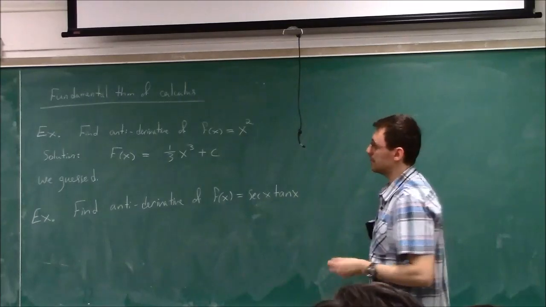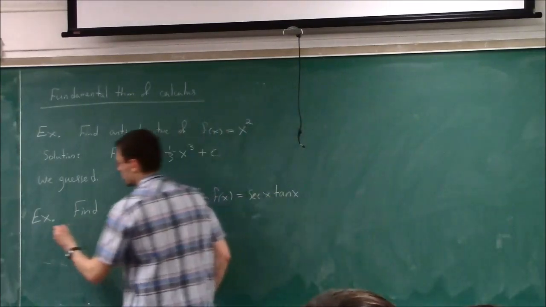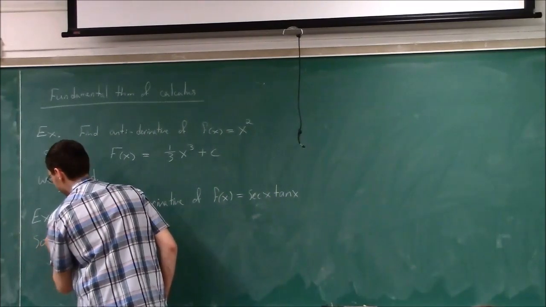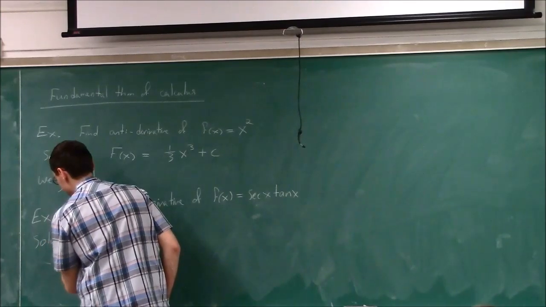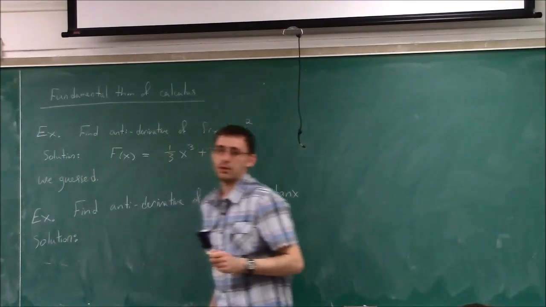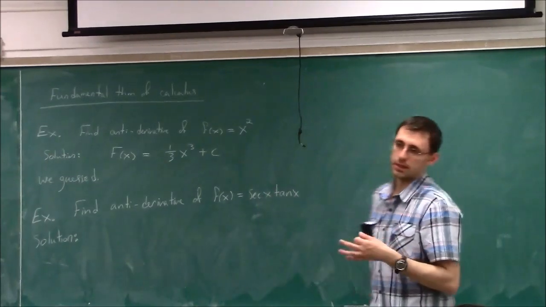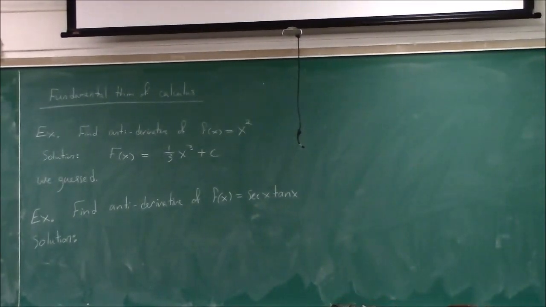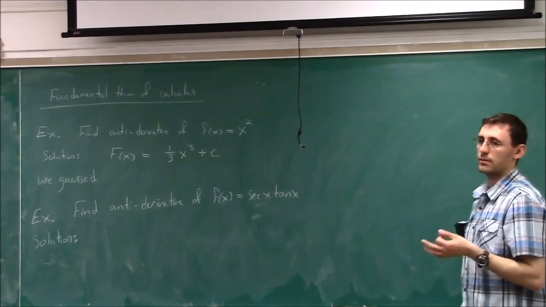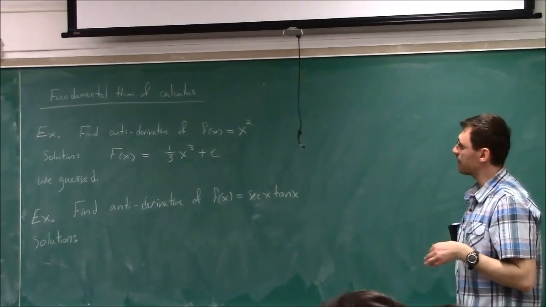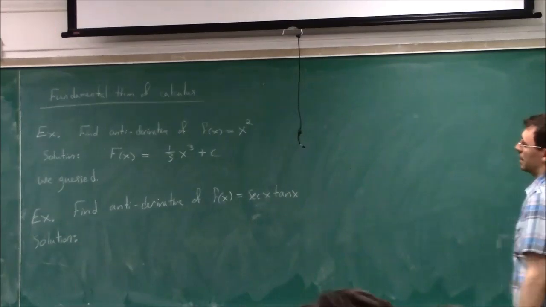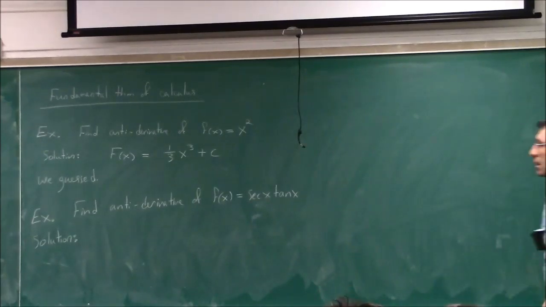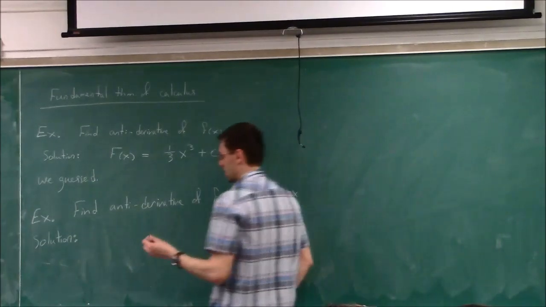Do you know? Which, by the way, I'm hoping you have 2 practice exams. Just start looking at the problems there and solve them. That's how you know what's roughly on the third exam. You have 2 practice exams or 3. What's the antiderivative of secant x tangent x? Secant x, exactly. Again, we can guess.